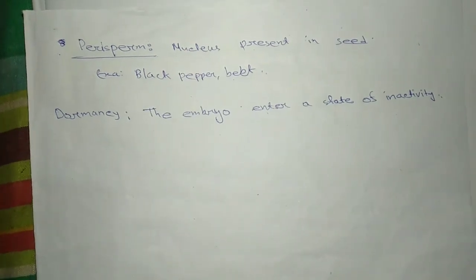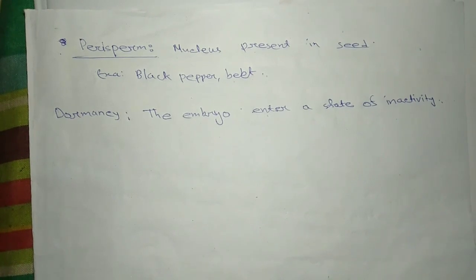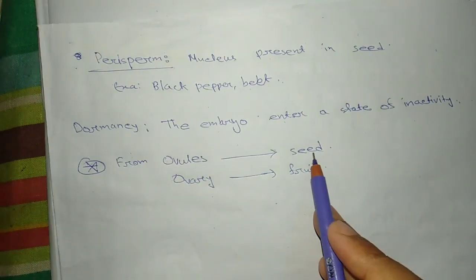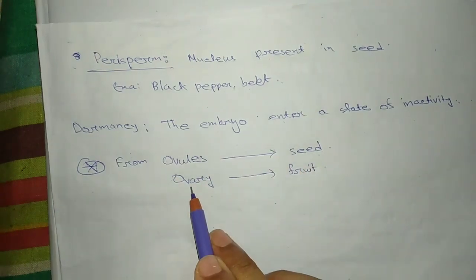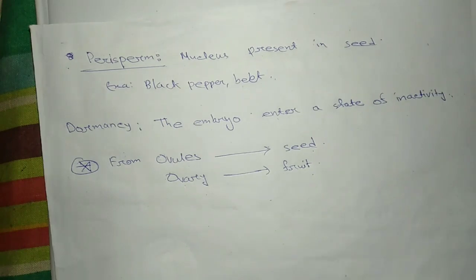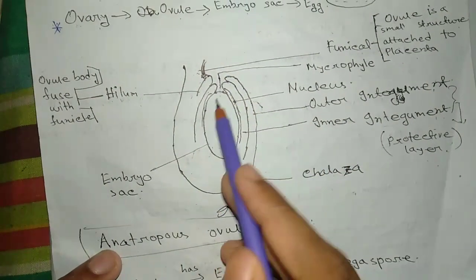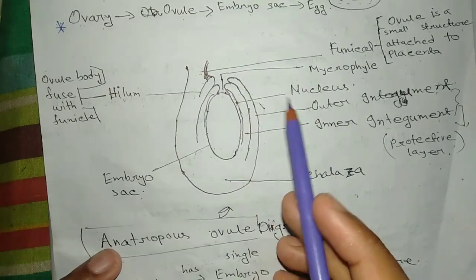Overall, what we have understood is that an ovule matures into seed, and ovary develops into a fruit. Okay, it is very important. Always remember, an ovule matures into seeds and ovary develops into a fruit. From ovules we get seed, and from ovary we get fruit. If you see it carefully, I have described it.